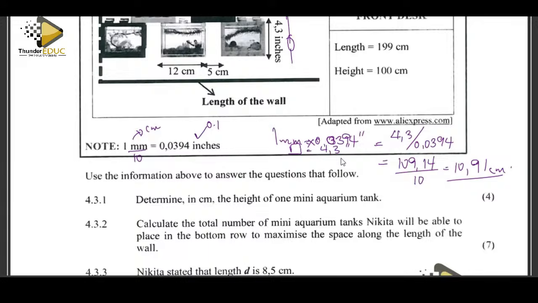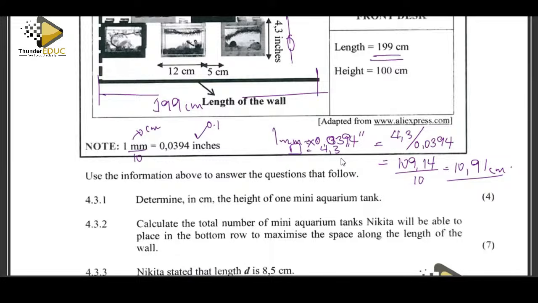Calculate the total number of mini aquarium tanks Nikita will be able to place in the bottom row to maximize the space. So now what you have to know is that from here up to there, what is the length? The length they have already told us is 199 centimeters. So what we're going to do, we are going to divide.